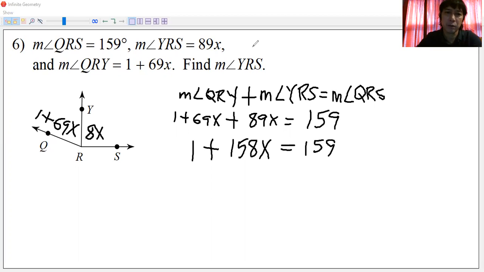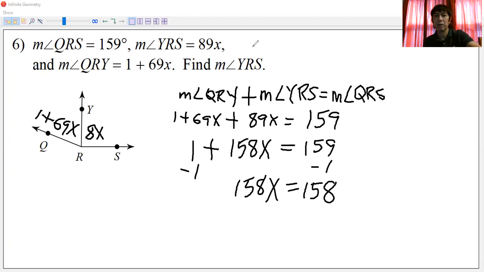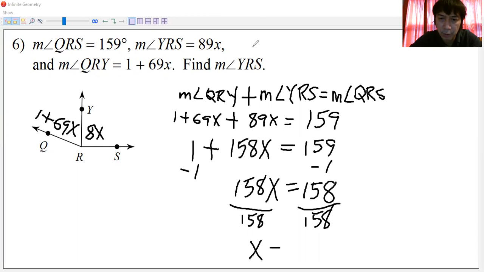Then we subtract 1 from both sides, and we will encounter 158x equals 158. And we divide by the 158 to both sides, and we have x equal to simply 1.